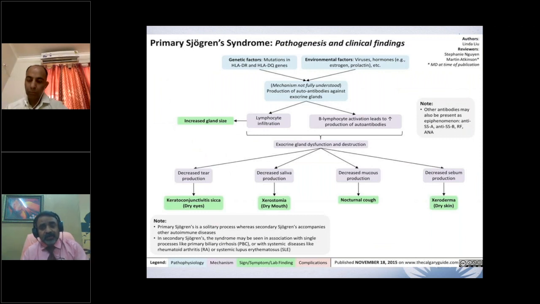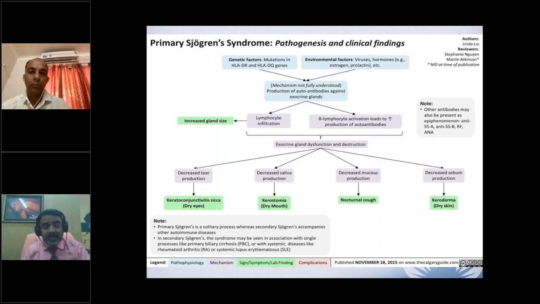So how does this pathogenesis lead to clinical symptoms? As I told you, genetic factors like HLA-DR and DQ genes are there. Estrogen deficiency leads to production of autoantibodies against the exocrine glands, which leads to lymphocyte infiltration and B lymphocyte activation, which leads to increased gland size.